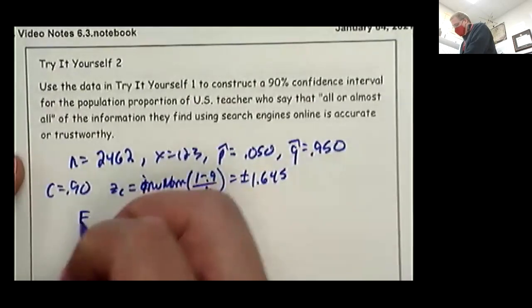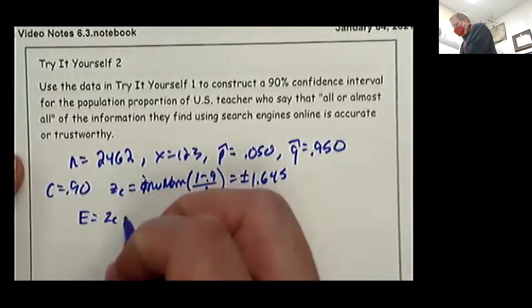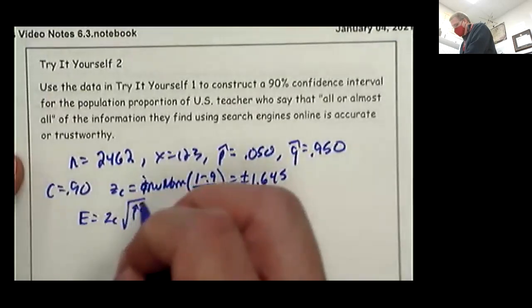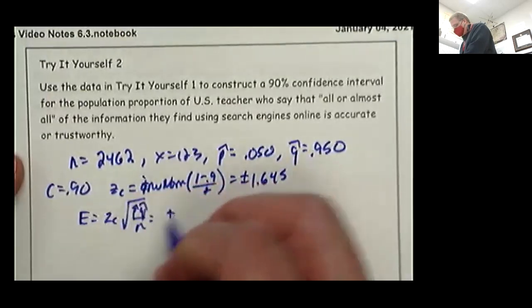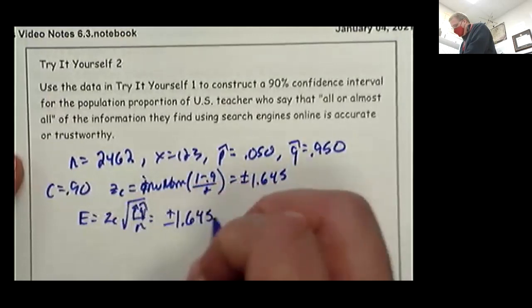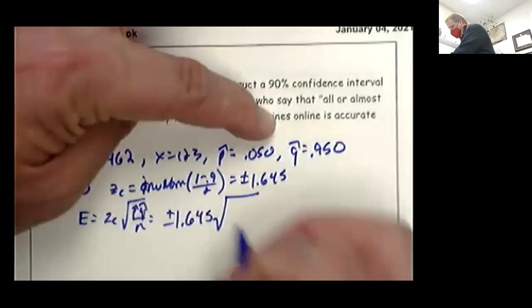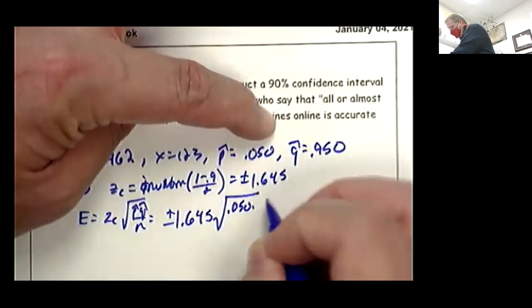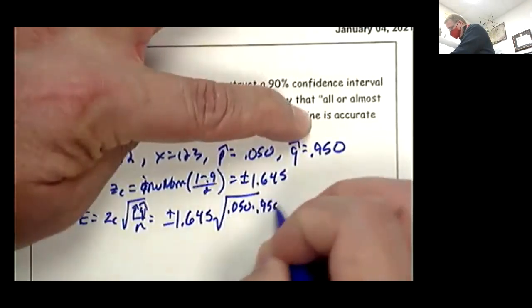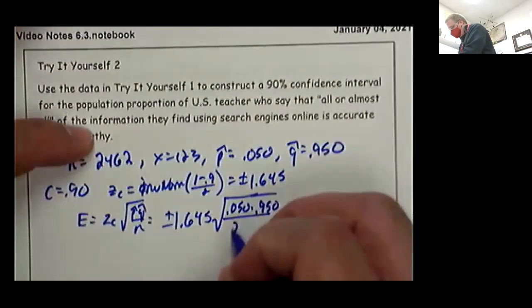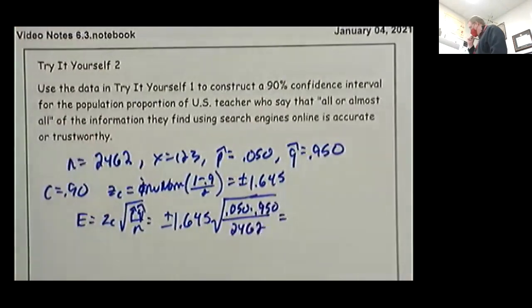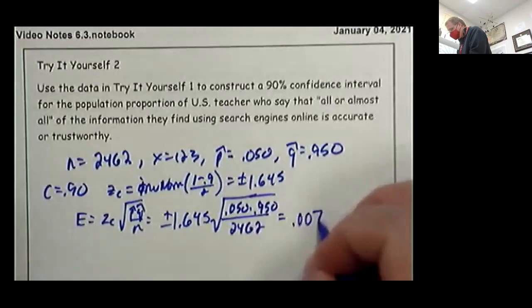Now we're going to find our error. Our error is our Zc score times the square root of p hat q hat over n. That's our plus or minus 1.645 times the square root. Our p hat is 0.050 times our q hat 0.950 over 2462. We're going to plug that into our calculator, which is 0.007.